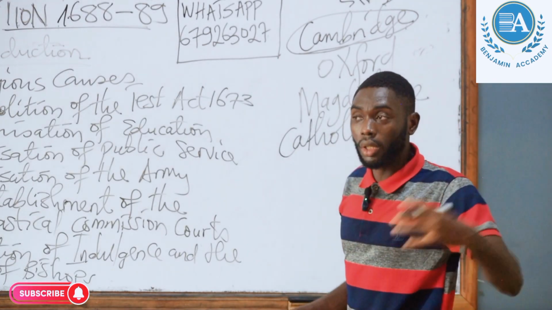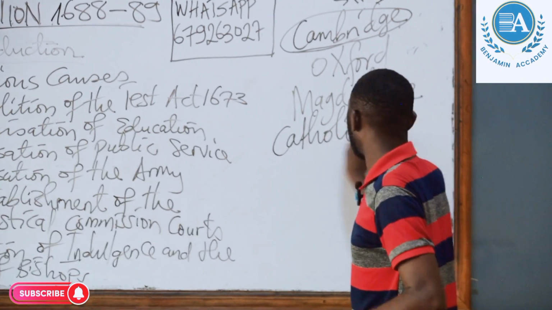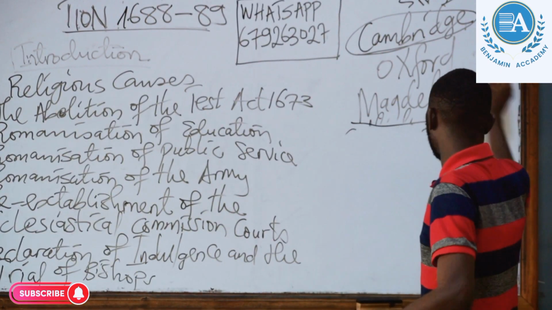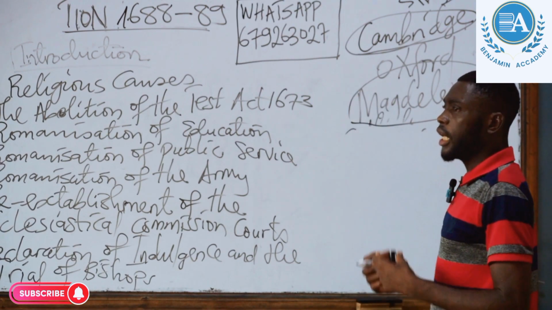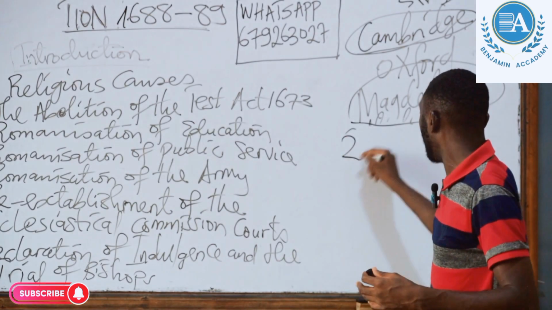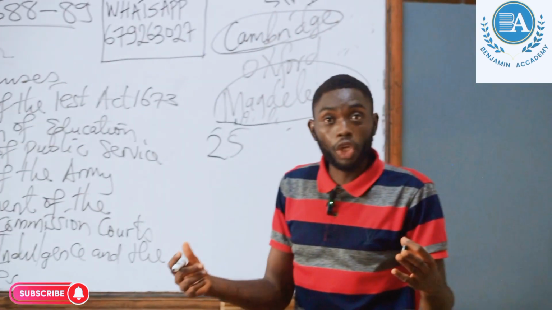As if that was not enough, James II went ahead and converted Magdalene College into a seminary school. The reason he did so was that he nominated a Catholic to be voted by the 25-man staff of the institution as the head of the institution.